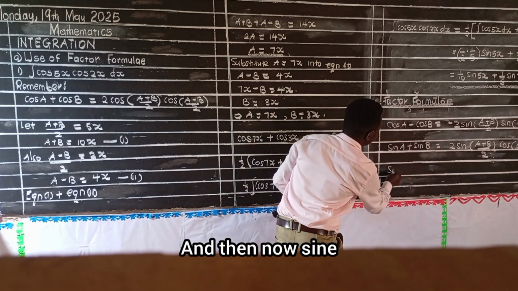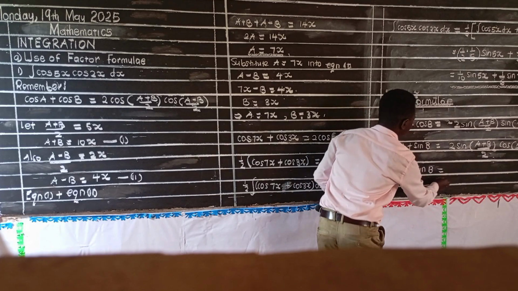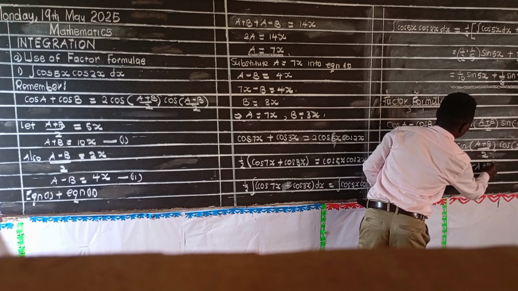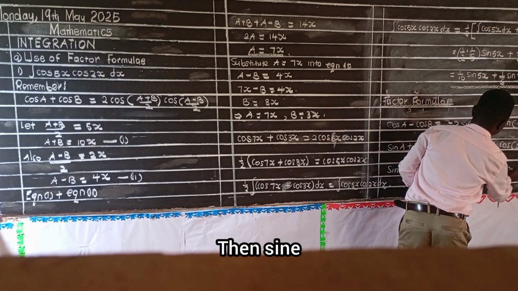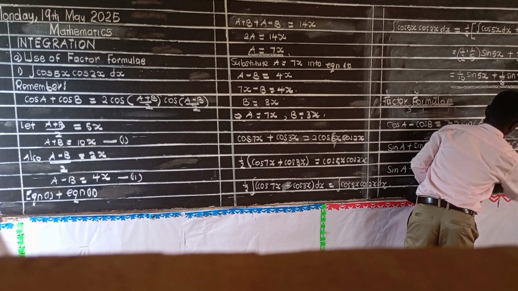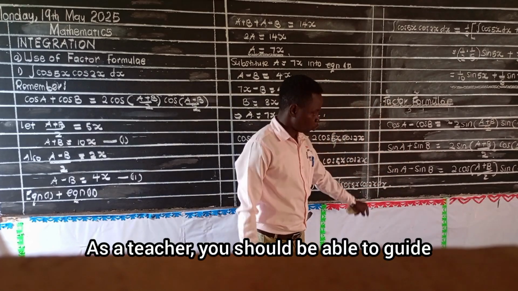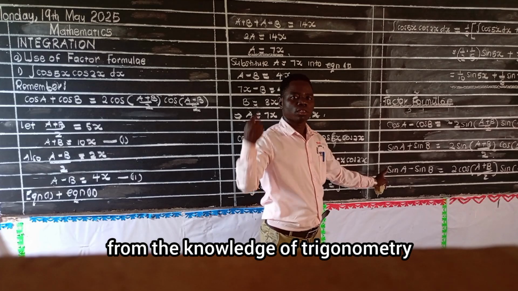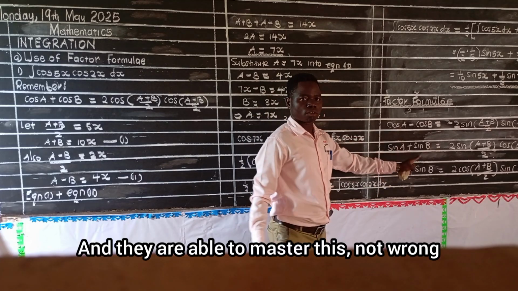And again, sine A minus sine B is the same as 2 cos of (A plus B) over 2 sine of (A minus B) over 2. So, as a teacher, you should be able to guide children through this from the knowledge of trigonometry, so that they master this, not cram.